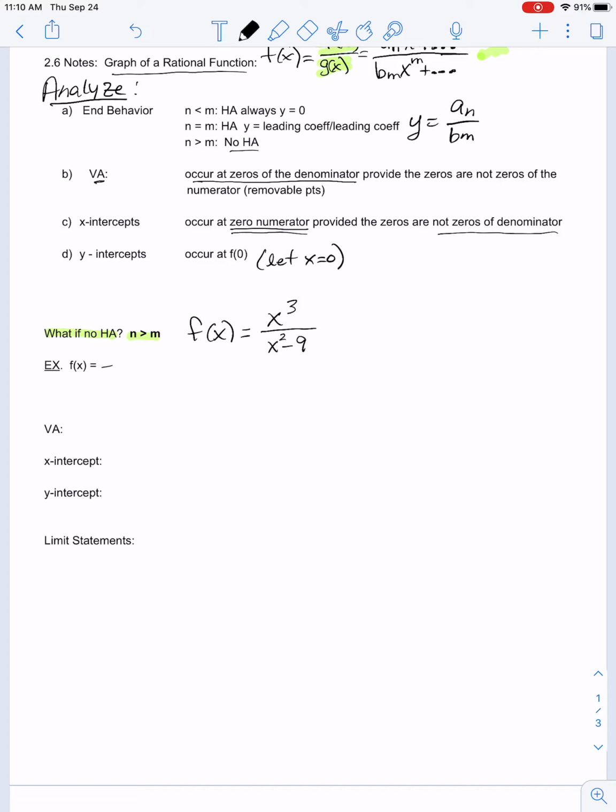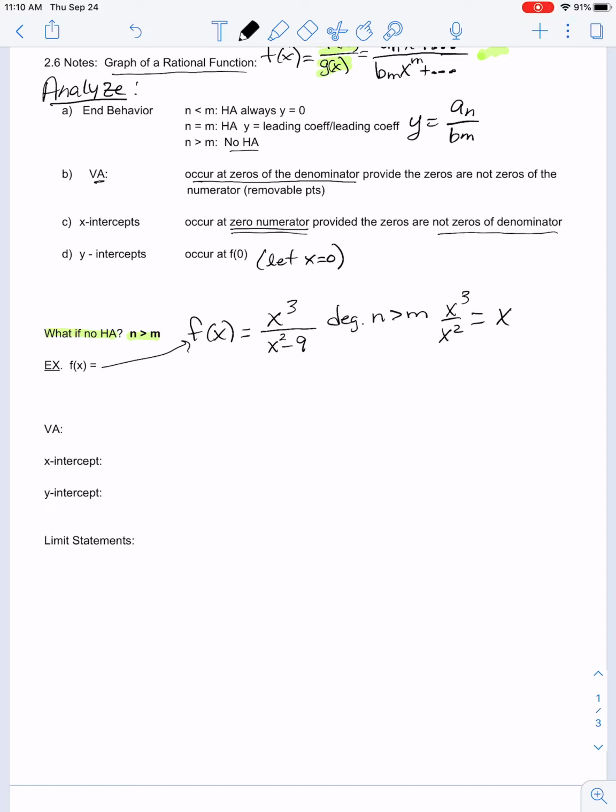Okay, so you see that your degree on the top, x to the third, so maybe I'll make a note here. Degree n is greater than m, so x to the third is bigger than x to the second if you're looking top to bottom. Okay, so when you reduce that, you end up with x. That's going to end up looking like the end behavior model for our particular function.